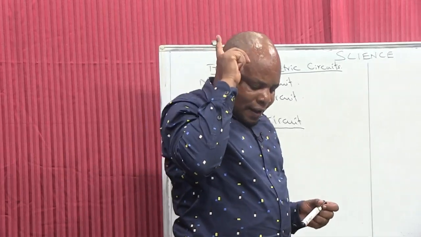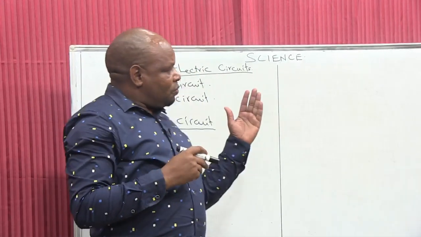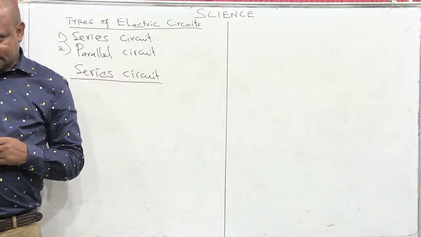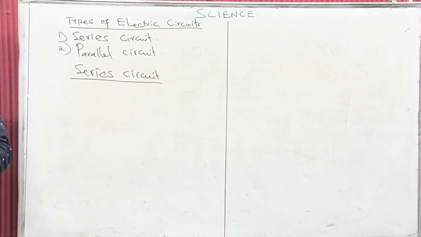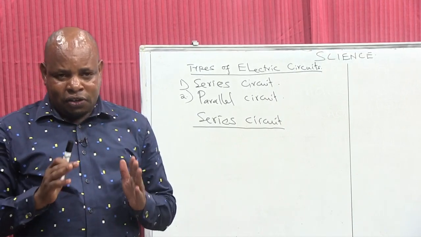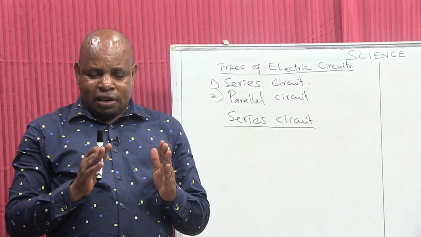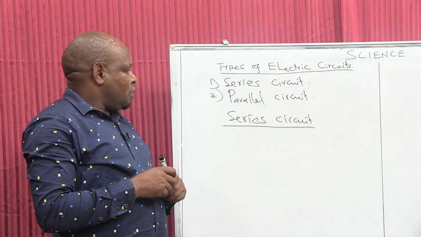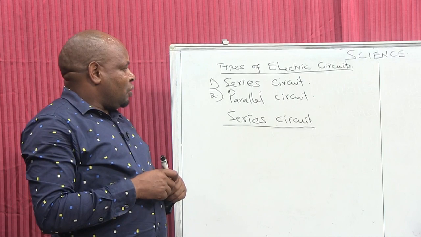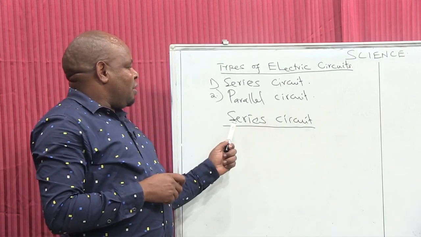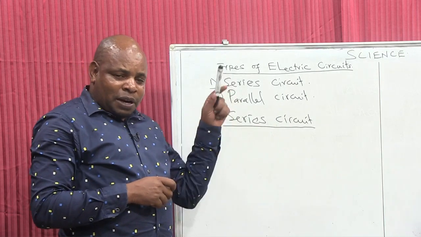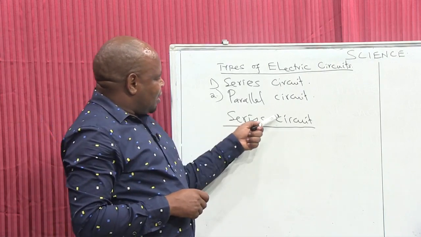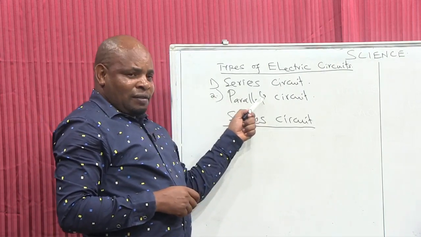From our previous discussion, we saw the meaning of the word circuit, where we said a circuit is a path through which current flows. So, the circuit can either be in series form, or in parallel form.